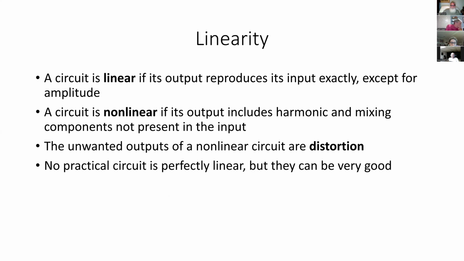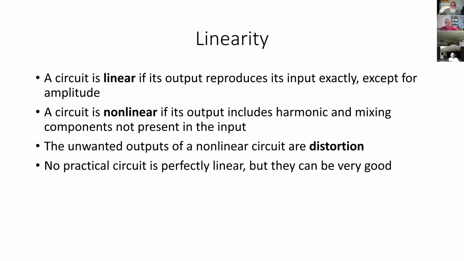Now, a circuit is nonlinear if its output includes harmonic and mixing components that are not present in the input. The unwanted outputs of a nonlinear circuit are called distortion. That's what we mean when we talk about distortion.